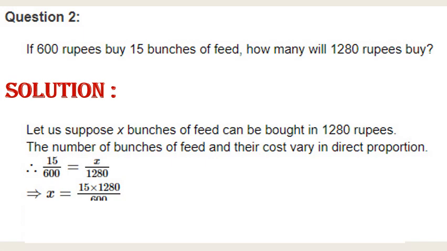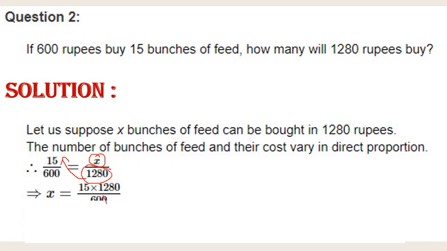To find the value, x will remain there itself. The value which is in the denominator will shift onto the other side, that is 1280, and after shifting there, from division it will become multiplication, and we will get 15 into 1280 divided by 600.